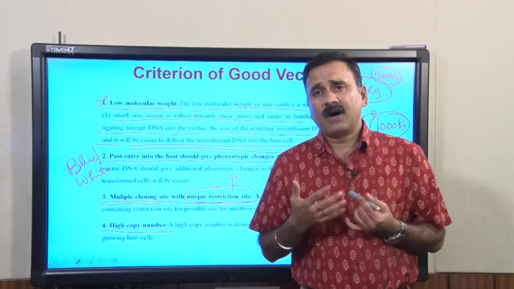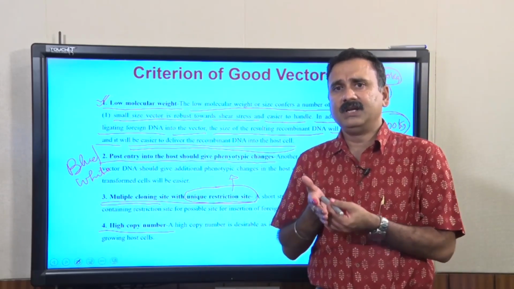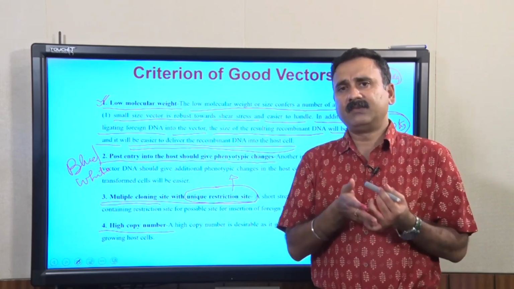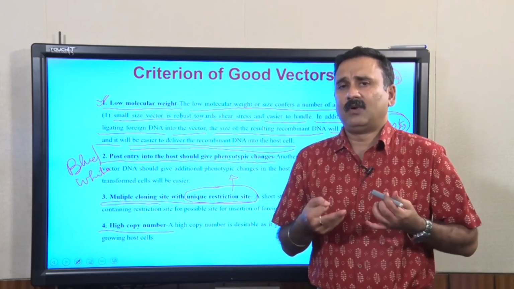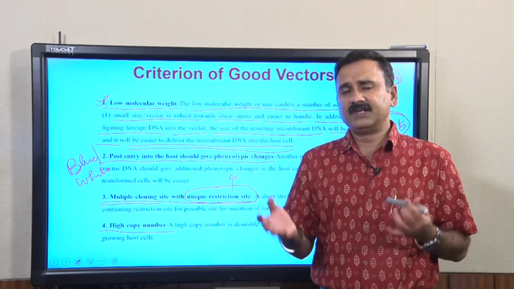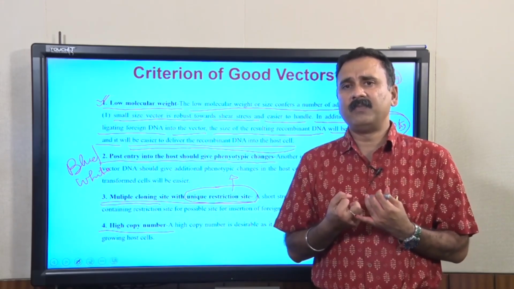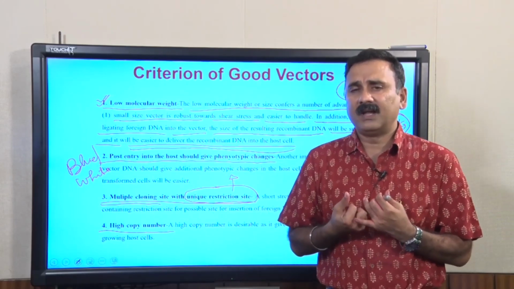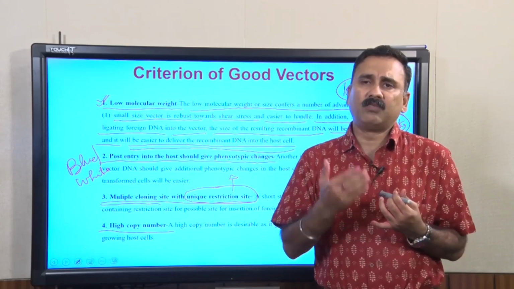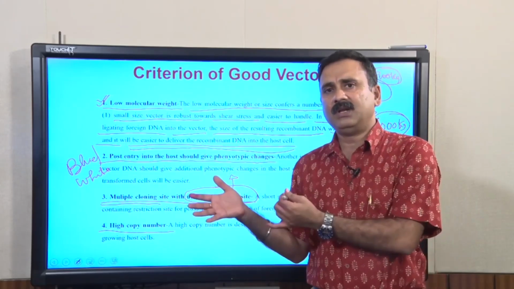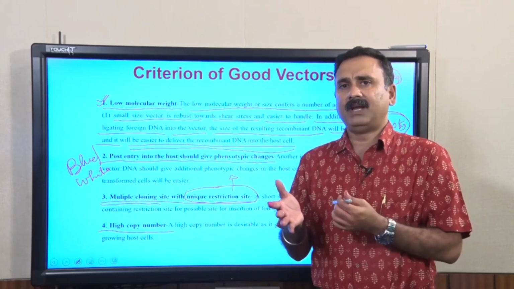But when you talk about high copy number vectors, it also has a disadvantage. Suppose you are overexpressing a protein which is toxic or undesirable, or which is going to disturb the cellular metabolism of the bacteria. In those cases a high copy number vector is not desirable, because the high copy number gives a very high quantity of that particular protein, and such a large disturbance in the metabolism sometimes does not allow the bacteria to survive.